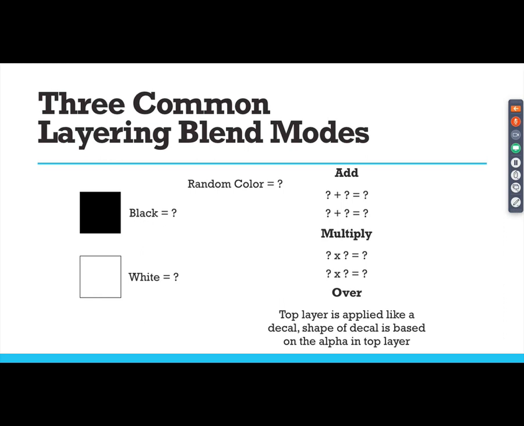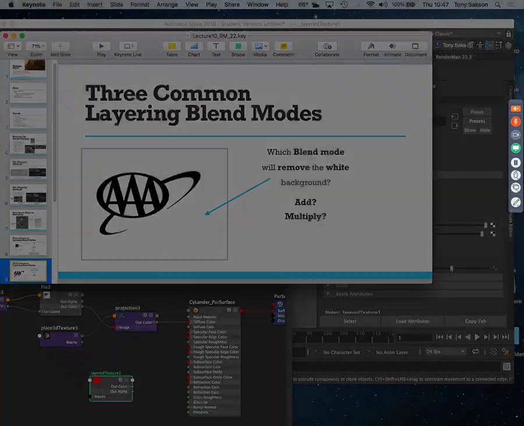Yes, I know you didn't sign up for math. But this is good stuff. This is actually useful. So, first off, we need to identify what value is associated with black and white. Value meaning what number? What number is black? 0. That is correct.